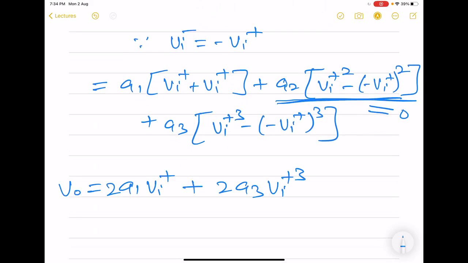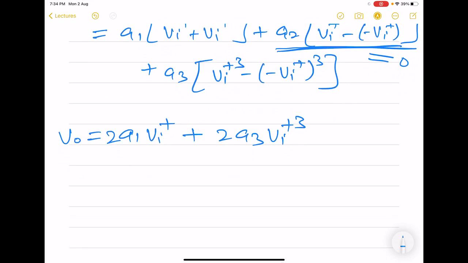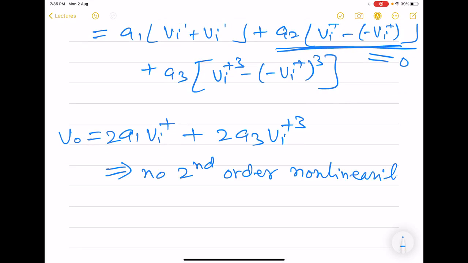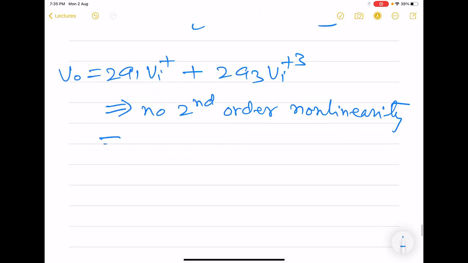So now we have an output which does not have any second order nonlinearity. So this implies there will be no DC term and there will be no second harmonic term either.